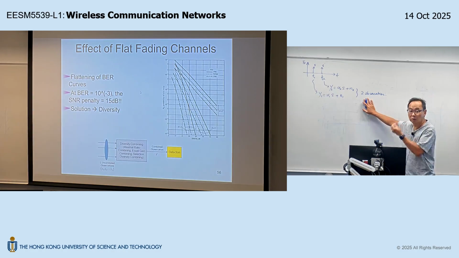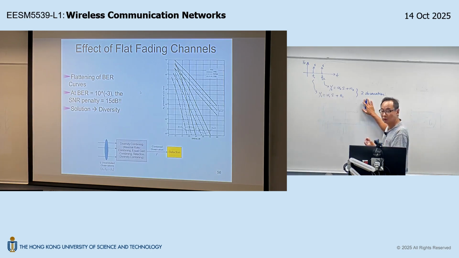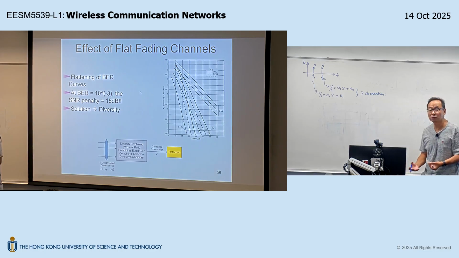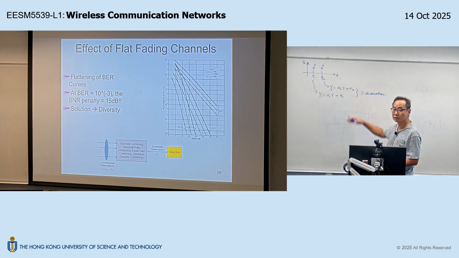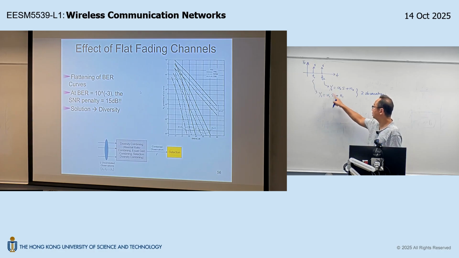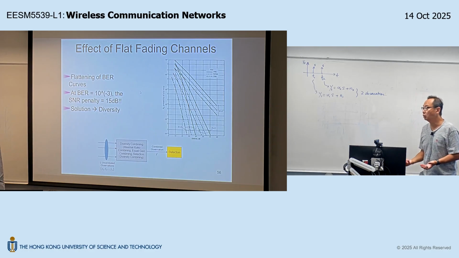But then this is almost the diversity observations, except that we need to check one thing. In order to be called diversity observations, we need to make sure that these 2 observations suffer from independent fading, right? That means alpha 1, alpha 2 must be uncorrelated. So how do we make sure that alpha 1 and alpha 2 are uncorrelated?